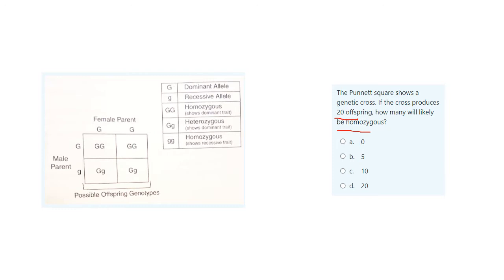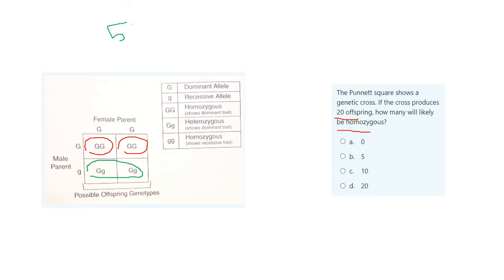So if we look here, the first one is homozygotic. There are two dominant alleles. The second one is also homozygotic. The two below are heterozygotic. They have one dominant and one recessive allele.